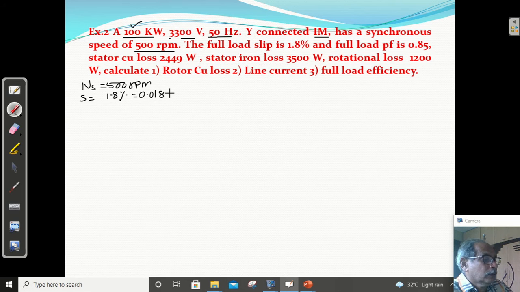First of all we will find the P out. Next, the full load power factor is given, 0.85.